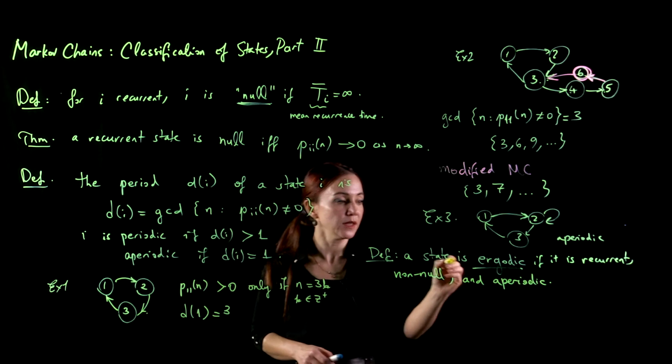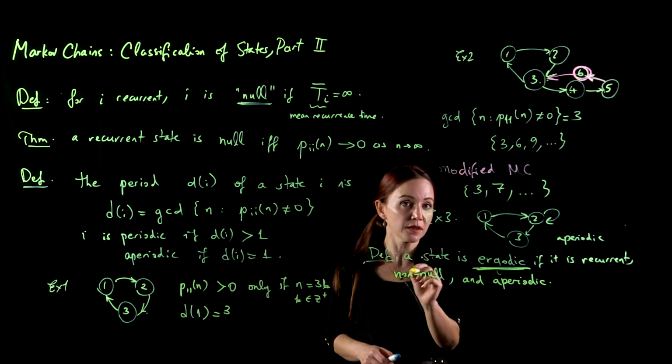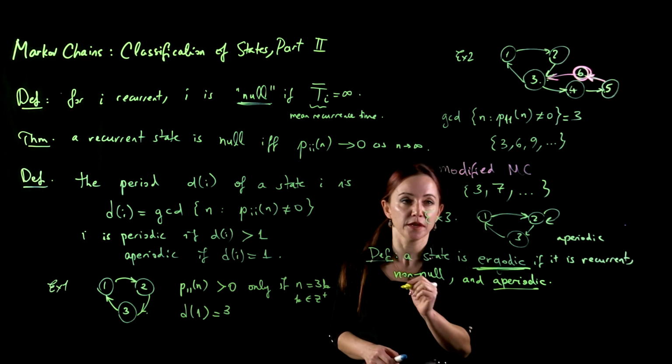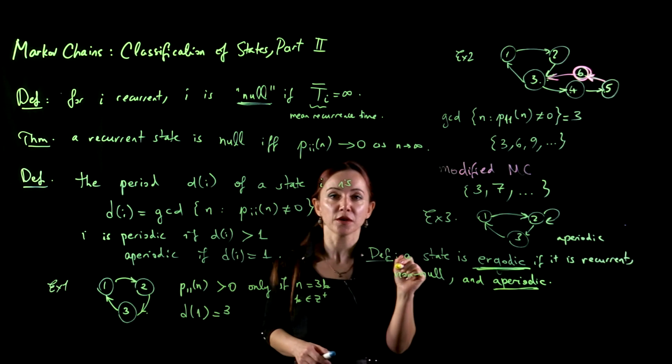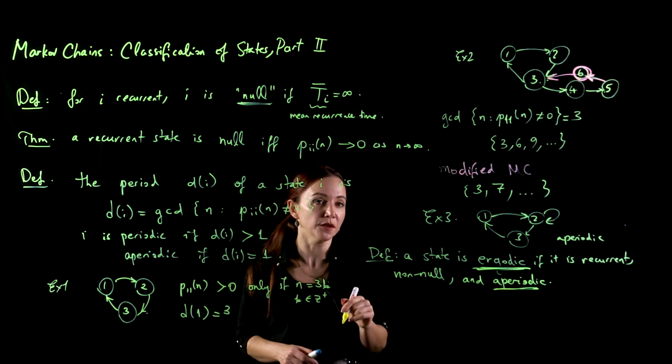Okay, a state is ergodic if it is recurrent but non-null, so that it will keep getting revisited with probability 1, and aperiodic. Now, why does periodicity ruin ergodicity? We will see in upcoming examples in other lectures.